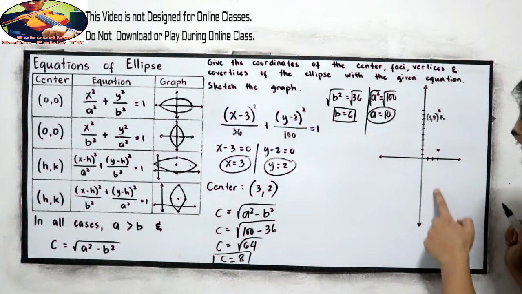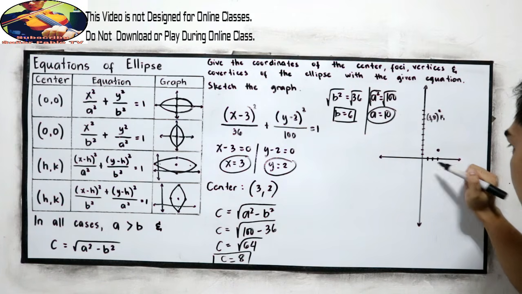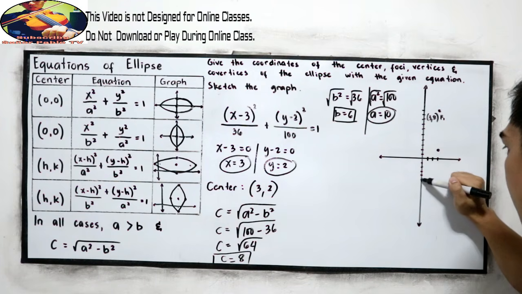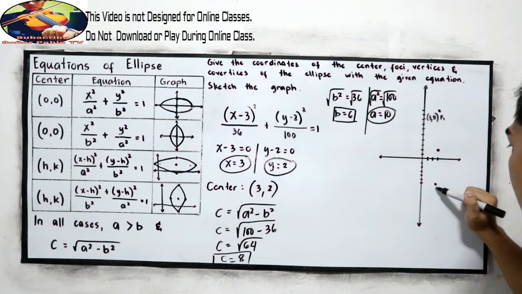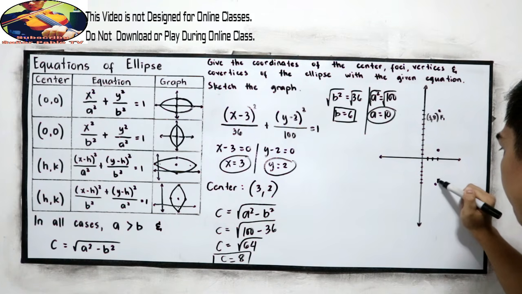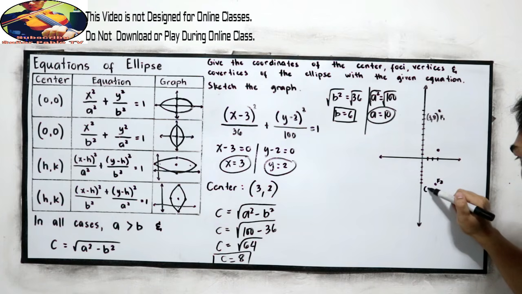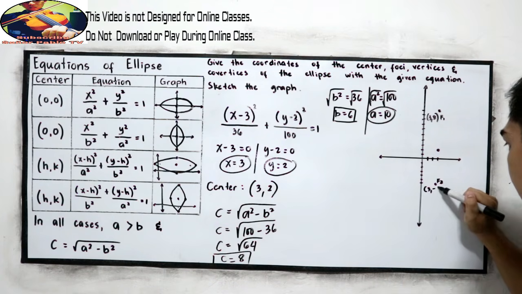And for our f sub 2, so 8 going down, 1, 2, 3, 4, 5, 6, 7, 8. So it's here. So this is our f sub 2. Its coordinate is 3, then 1, 2, 3, 4, 5, 6, negative 6.